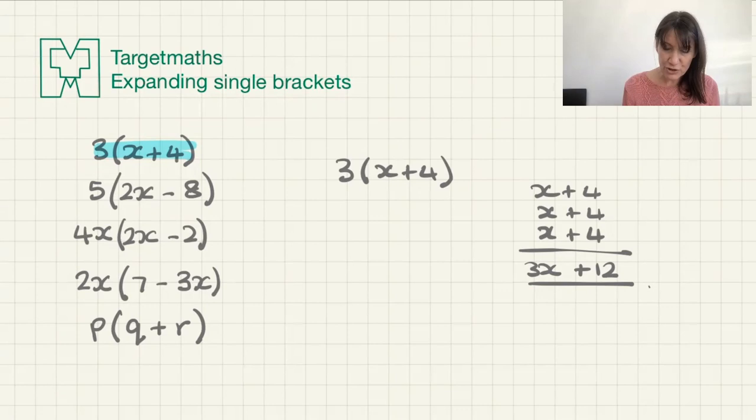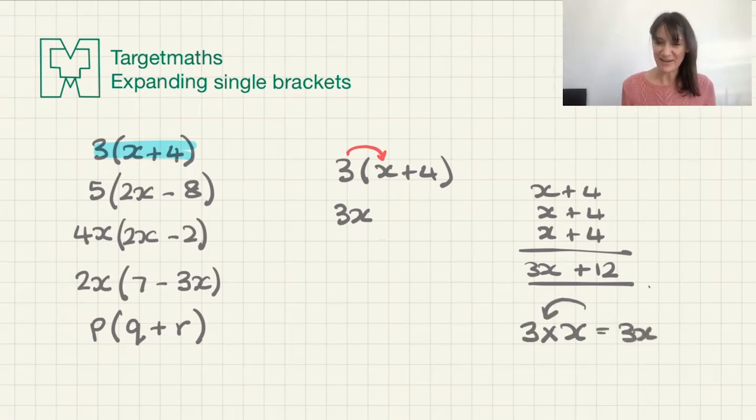So the way that we would do this question is we would take that 3 and say, right, I've got 3 lots of, or 3 times x. 3 times x is 3x, okay? We don't show the times sign, it gets squashed together.